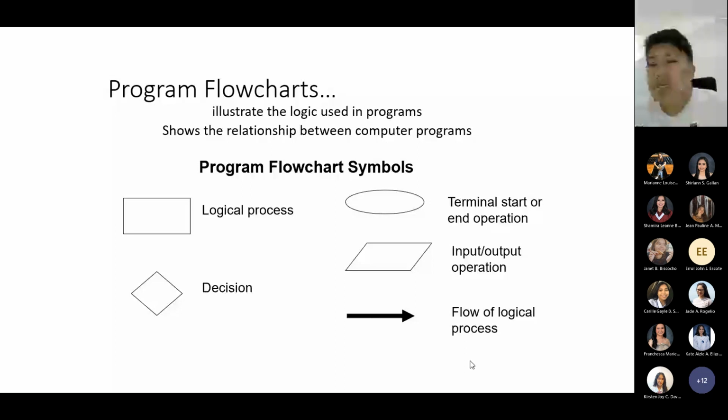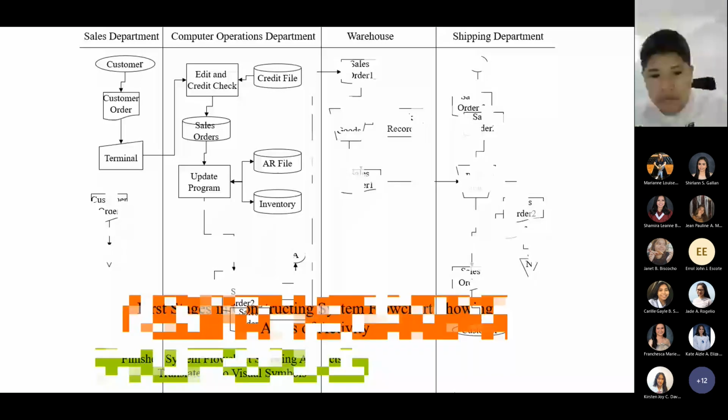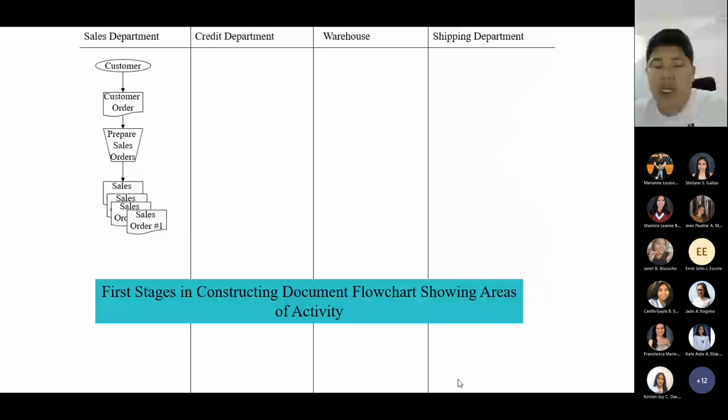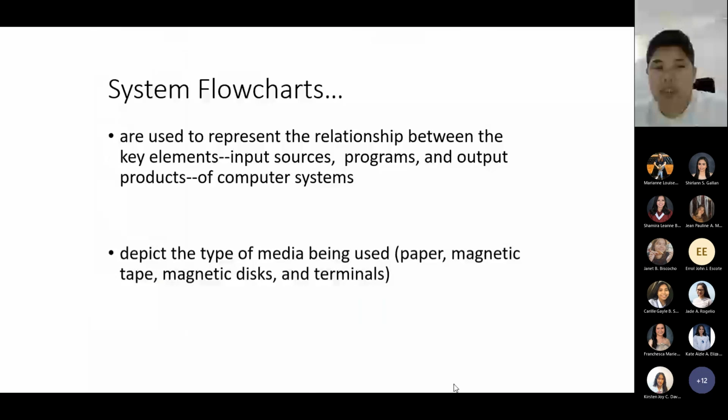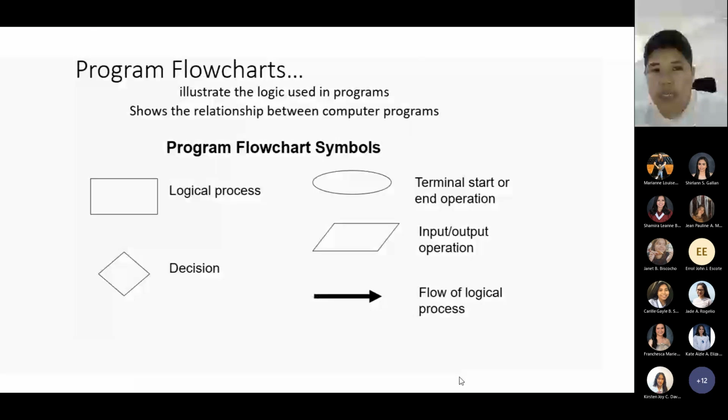Sa system flowchart naman, yung system from your input, processing, and output. While for your document flowchart is yung mismong document, how is it processed, how is it transferred, how is it being recorded. So those are the documentation techniques na meron tayo.